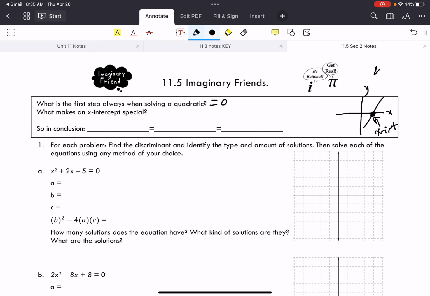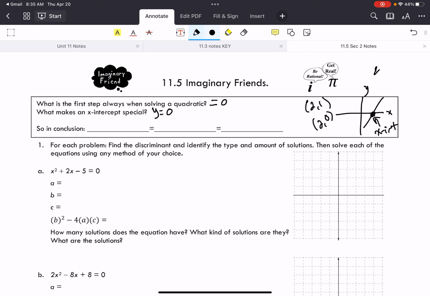If I have 2 points, how do I tell which one is an x-intercept? Because the y coordinate is 0. That's what makes an x-intercept special, because the y is 0.